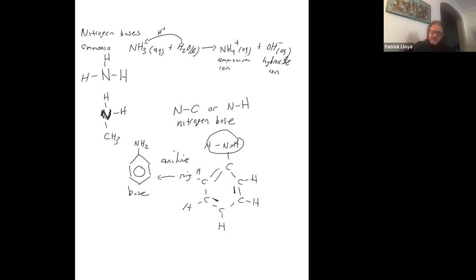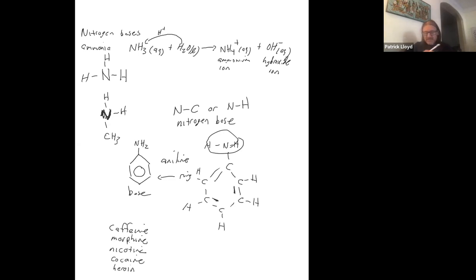The substances you've heard of that are nitrogen bases include caffeine, morphine, nicotine, cocaine, heroin. All of those are examples of nitrogen bases.